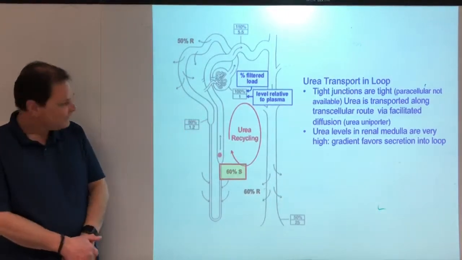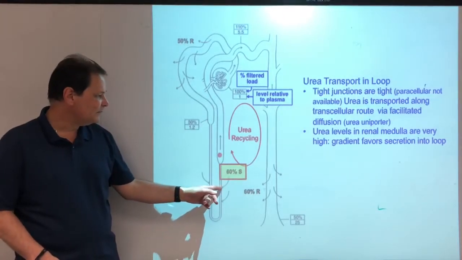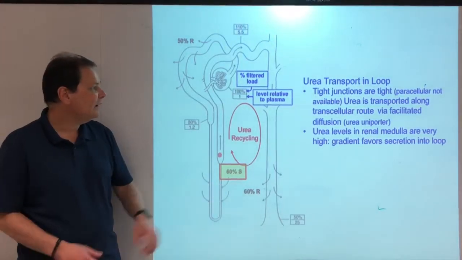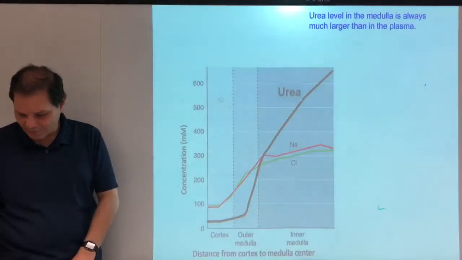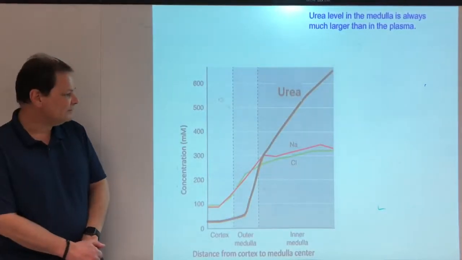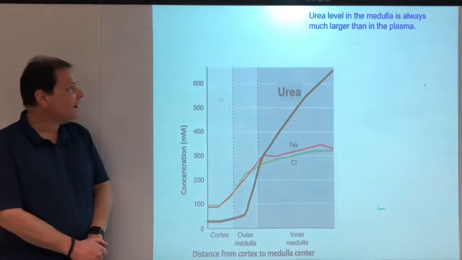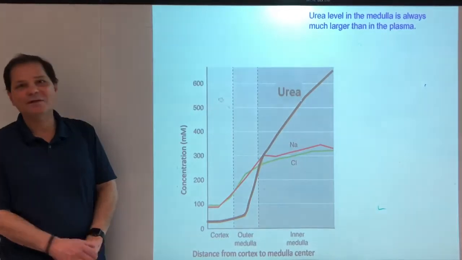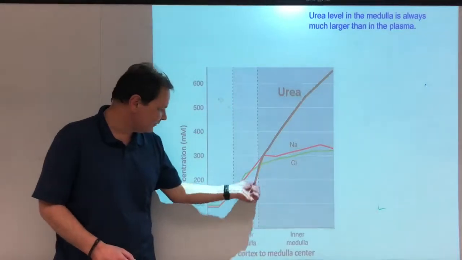And now we have the addition of urea to the loop of Henle from the renal medulla, right here, through secretion, okay? And so we have secretion of urea, and that is also down a concentration gradient. The urea level in the medulla is always a lot higher than the plasma. So here is the urea concentration.